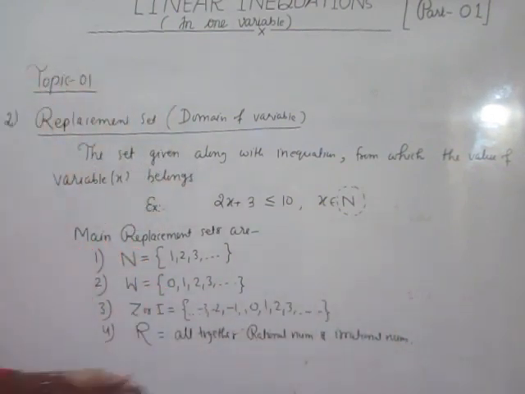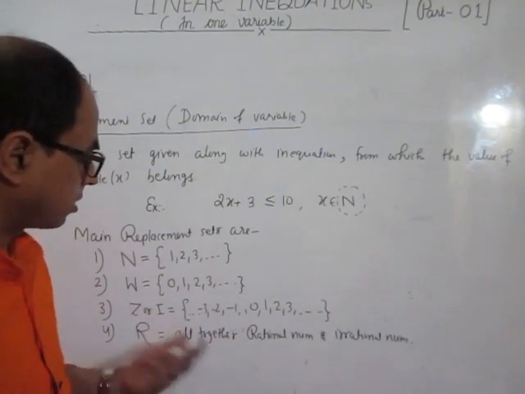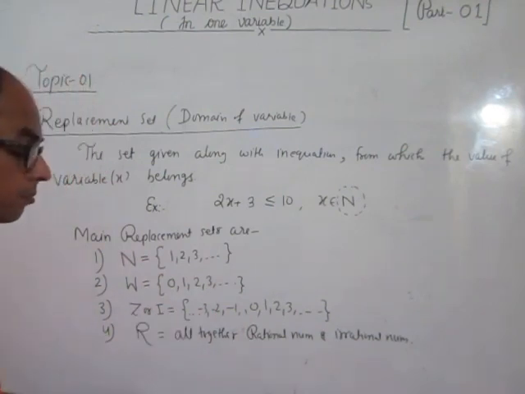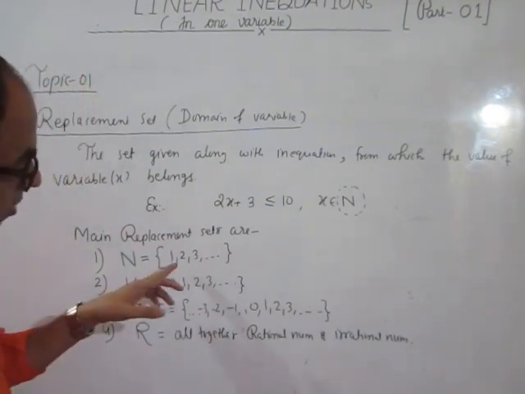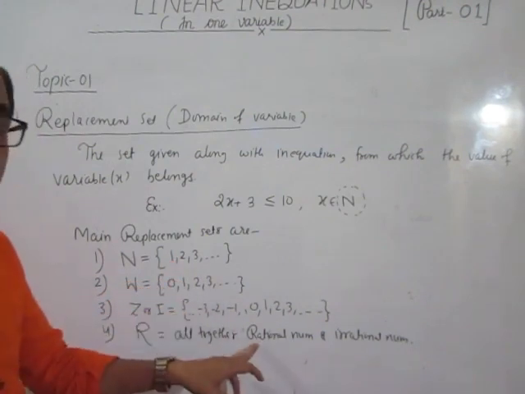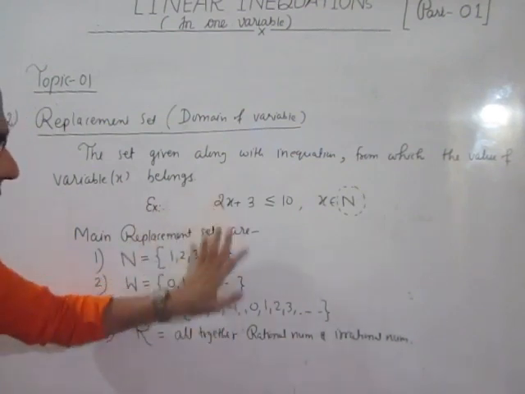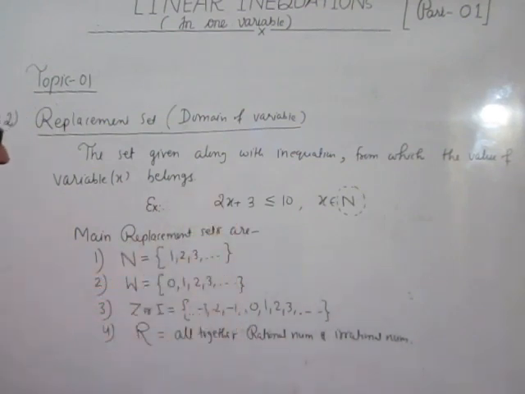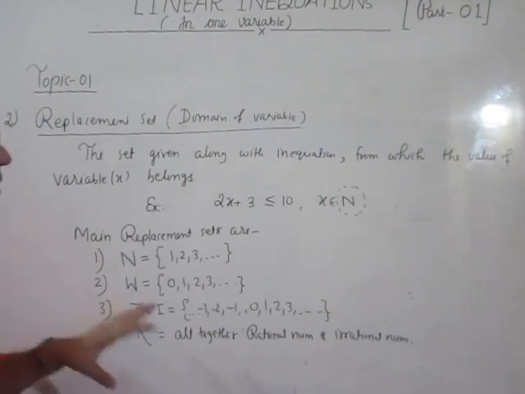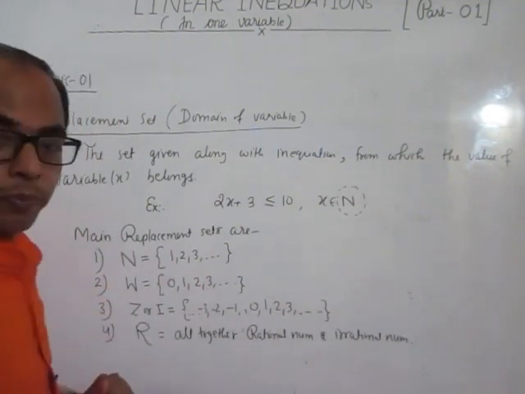You are familiar with rational numbers? All the numbers, fractional numbers including integers. So all these natural numbers, whole numbers and integers are also rational numbers. All these numbers together are called the set of real numbers. So mainly in the question these four replacement sets will be given to you.